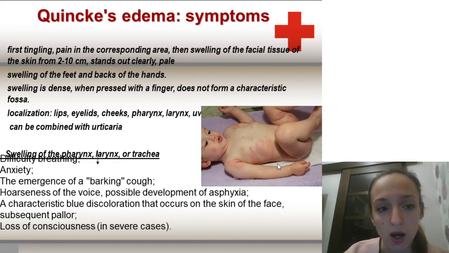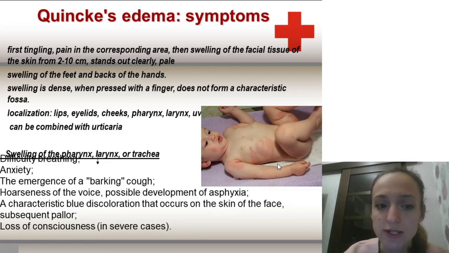Symptoms. First, tingling, pain in the corresponding area. Then swelling of the facial tissue of the skin from 2 to 10 centimeters, which stands out clearly pale. Swelling of the feet and backs of the hands. Swelling is dense, and when pressed with a finger, it does not form a characteristic fossa.